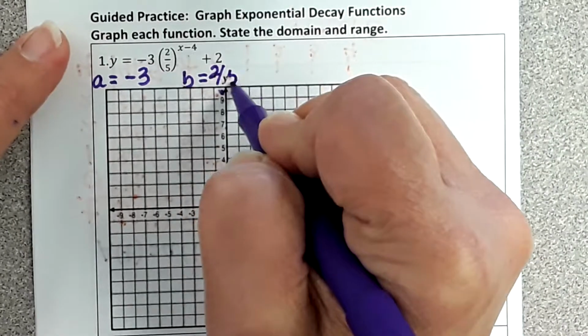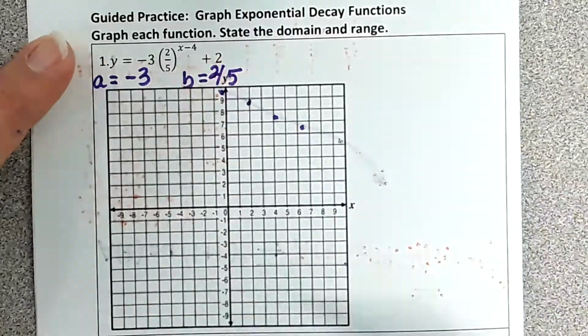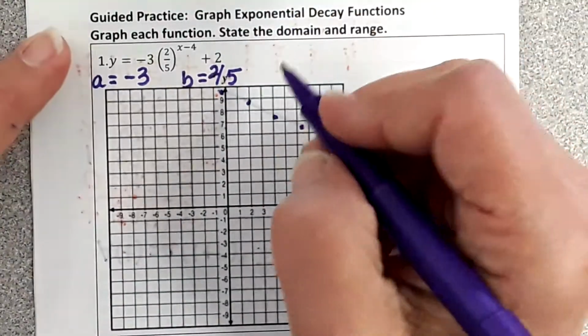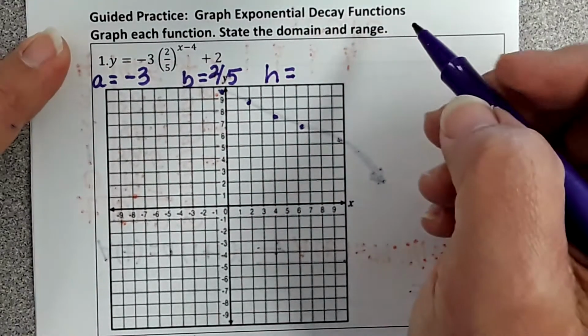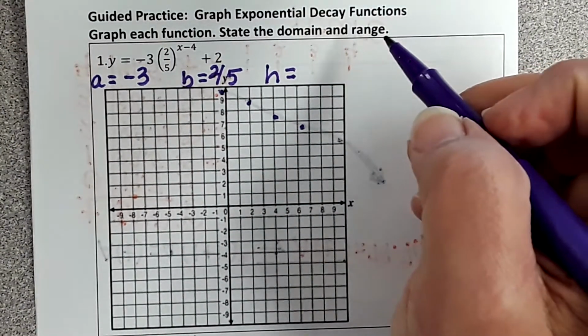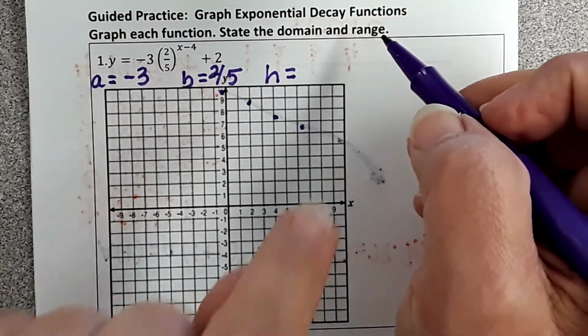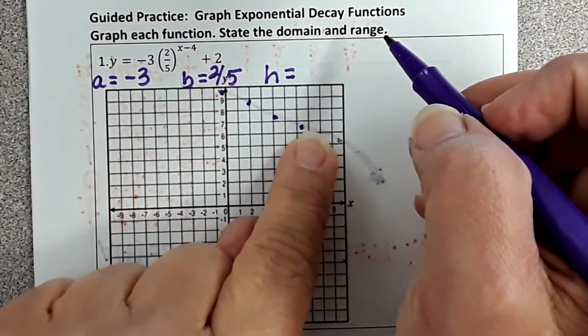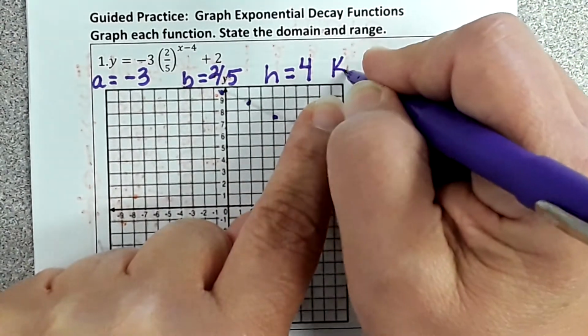That right there means that our model is going to be a declining, decreasing decay. What is our H? Remember from yesterday, if it says -4, what is it actually when we write it? It is +4. Good.